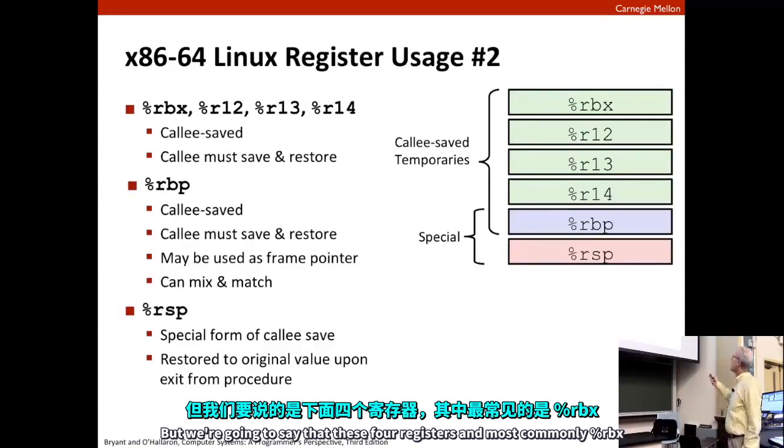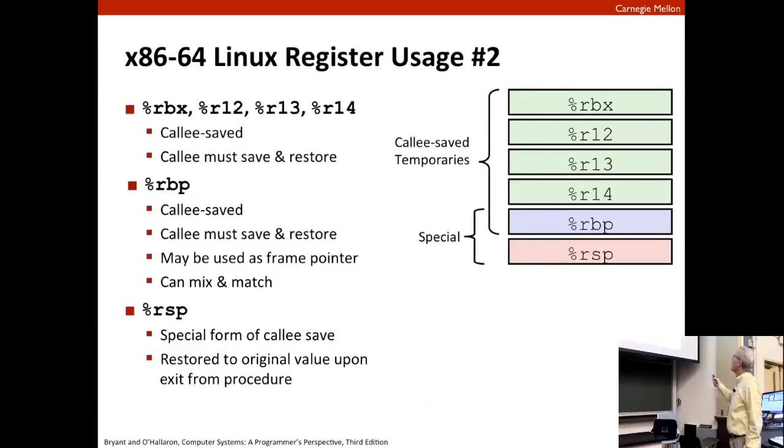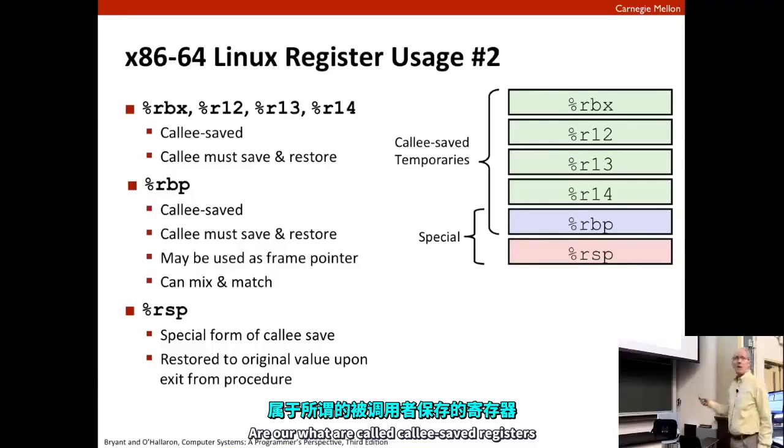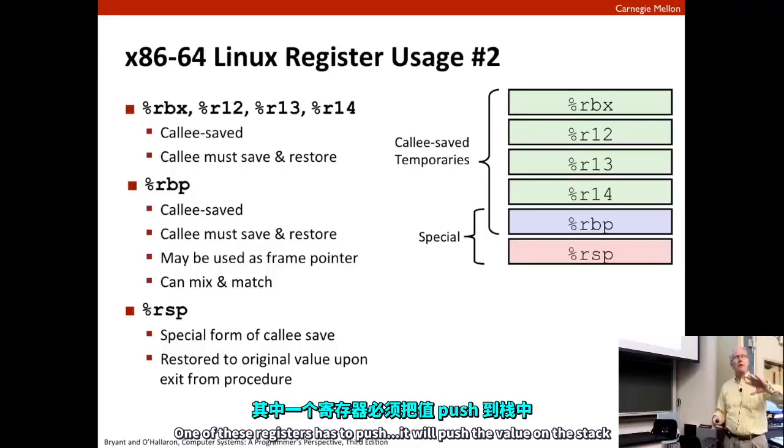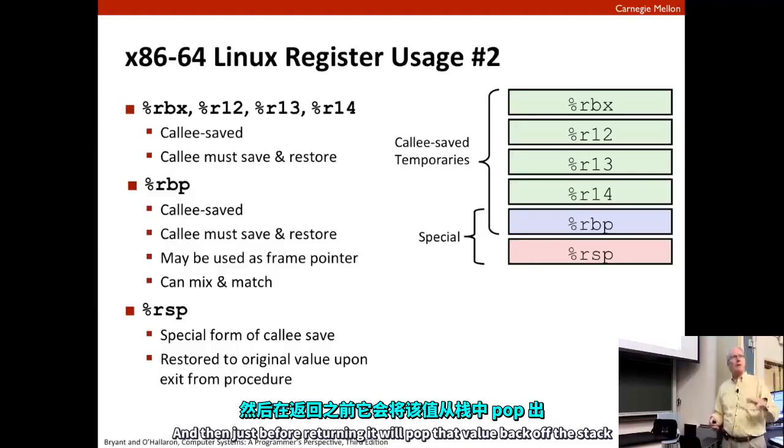But we're going to say that these 4 registers, and most commonly RBX, are what are called callee save registers, meaning they'll only get used in this special way: if a function wants to alter one of these registers, it will push the value on the stack, and then just before returning it will pop that value back off the stack.